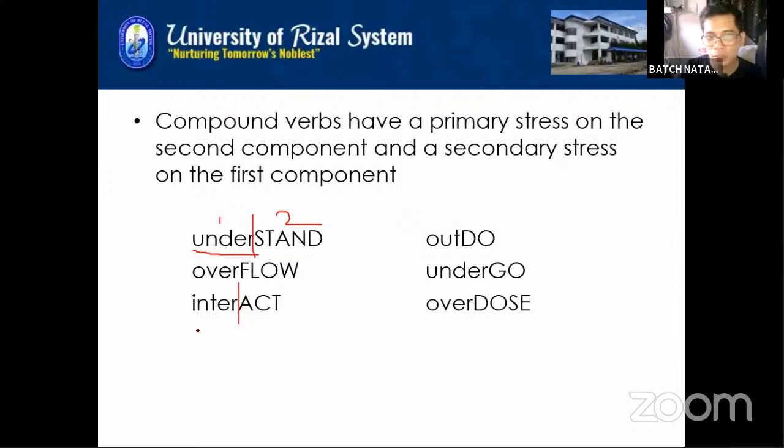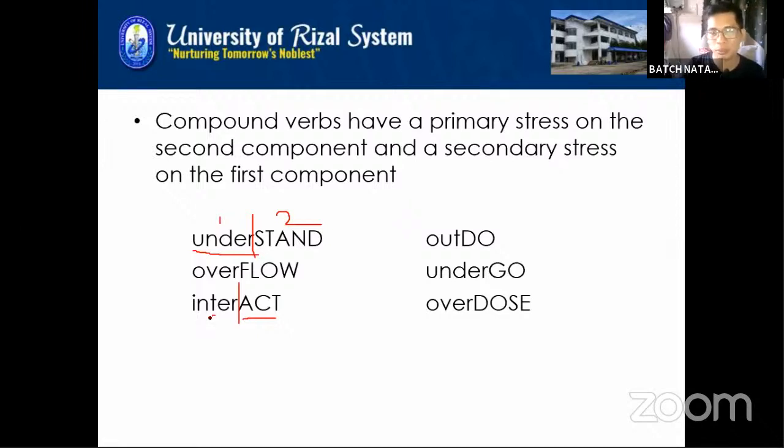Again, the first component is inter, and the second component is act: interact. But usually we say interact, where the sound of T here is silent. We just say inner, interact.